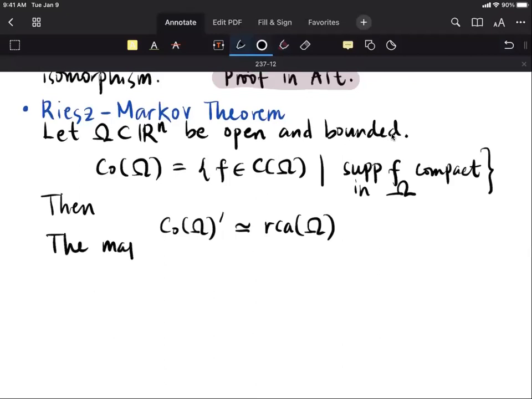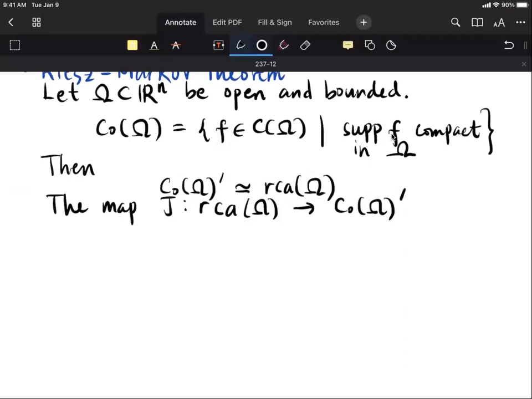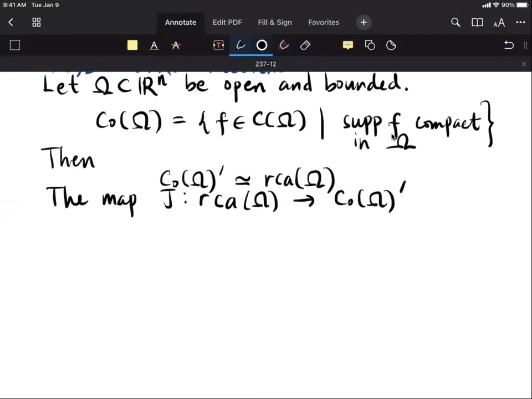And the analogous isometric isomorphism is similar. So now instead of continuous functions on a compact set, here we have a continuous function in an open and bounded set, but zero outside a compact set. So basically, you prove this using the Riesz-Radon theorem.